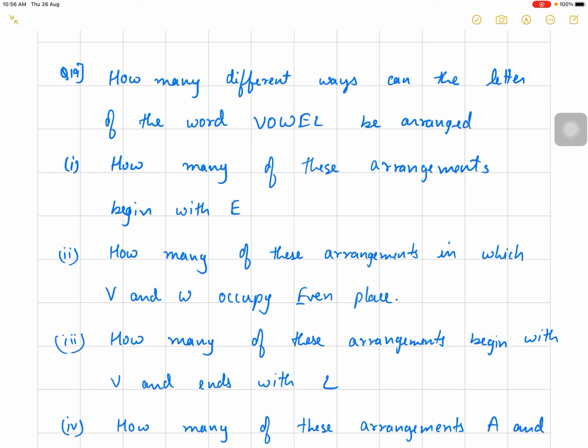Now, first question, how many different ways can the letters of the word VOWEL be arranged? So, there are 5 alphabets and 5 places, correct? So, n is equal to 5, r is equal to 5. So, 5P5, right? That should be the answer for this part of the question.